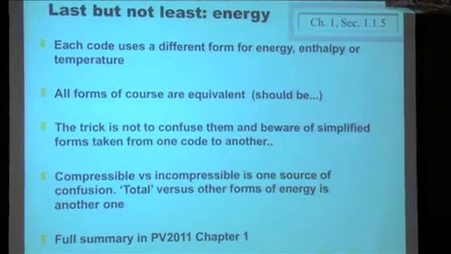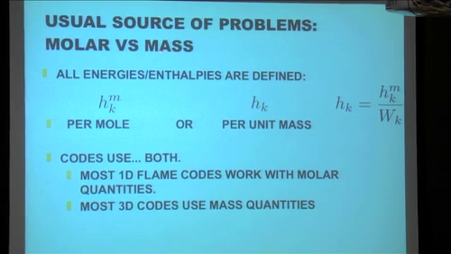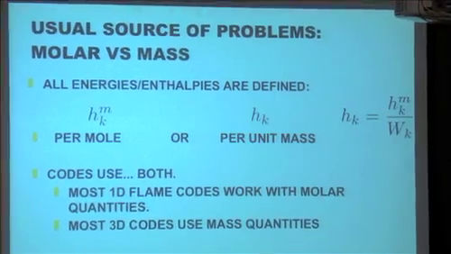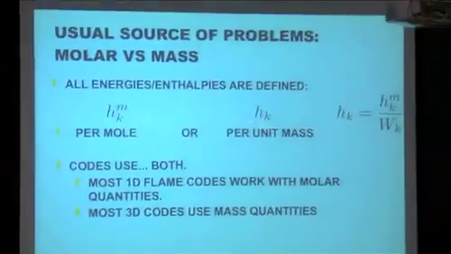Most of that is summarized in chapter 1 of the book here. The first problem is to know if you're talking about molar or mass. You could imagine that in this community, we would have for a long time decided if everyone should work with molar quantities or with mass quantities. Well, the answer is we haven't been able to do that. So typically, people will either normalize everything per mole or per unit mass.